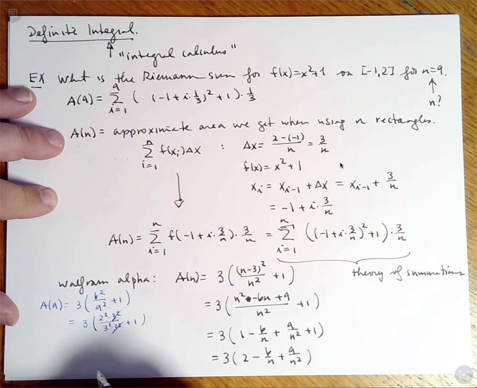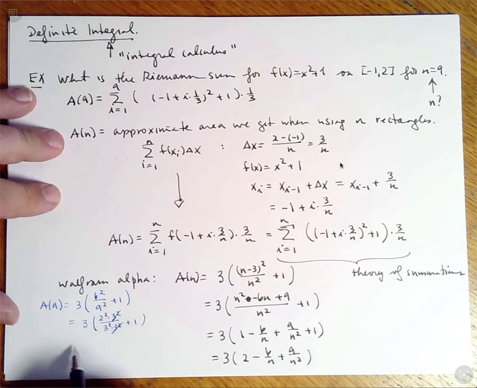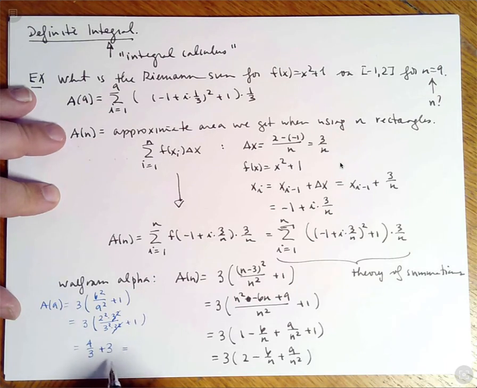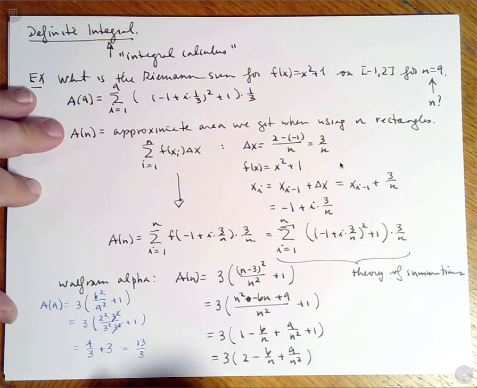Those cancel. If I multiply through by my 3, I'm going to get 4 thirds plus 3. Well, you get the picture. 13 thirds. That's going to be the approximate area when I use n equals 9 rectangles.